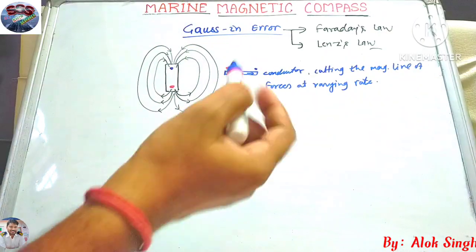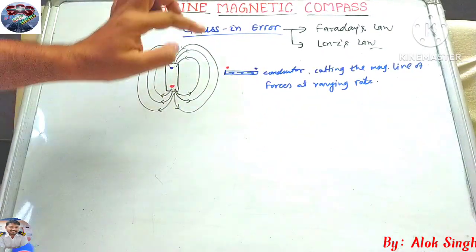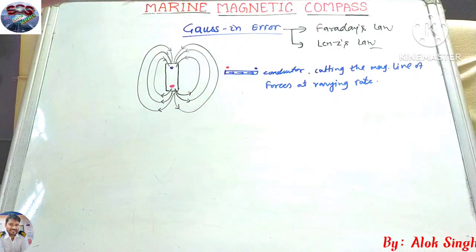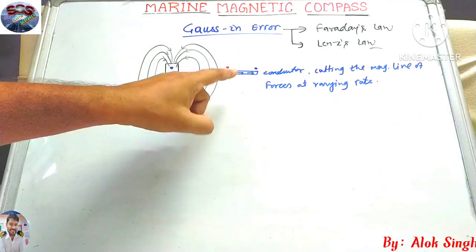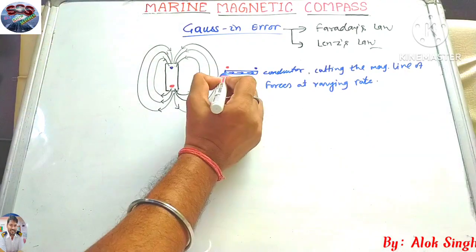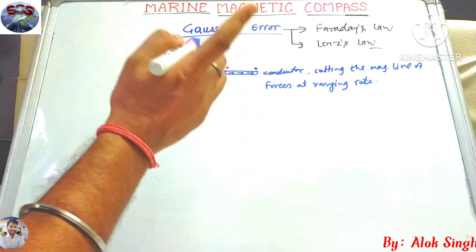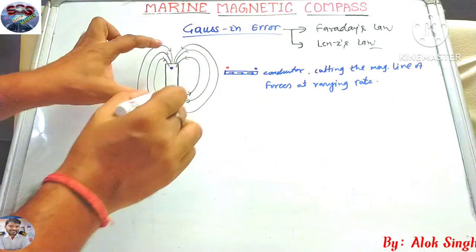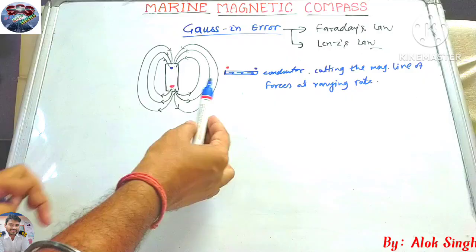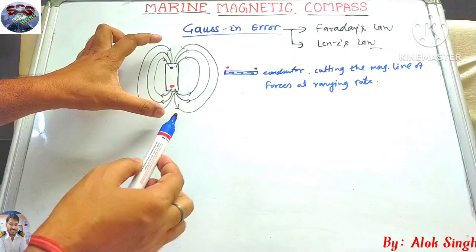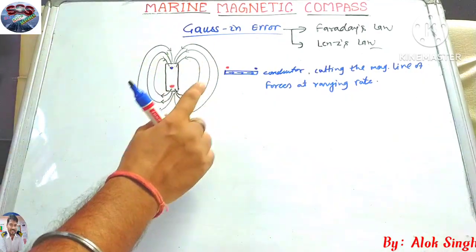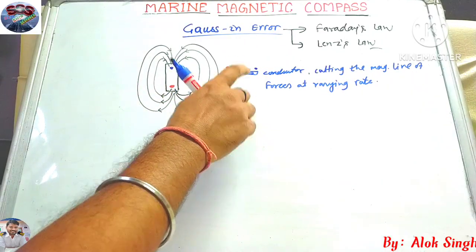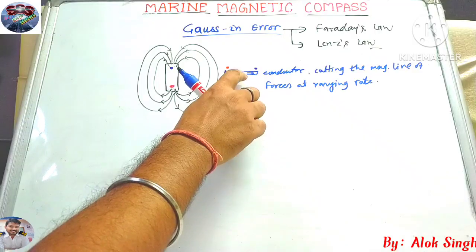Now what did Lenz's law tell? The current induced in this conductor also creates a magnetic field in the conductor, but that magnetic field will be opposite to that which created the electric current. Suppose we are rotating it clockwise, and because of that an electric current is induced in this conductor.